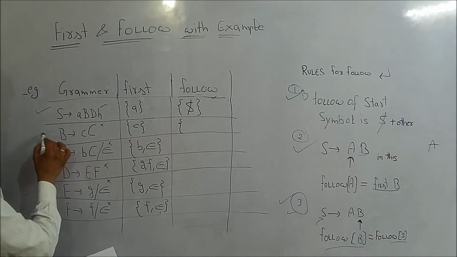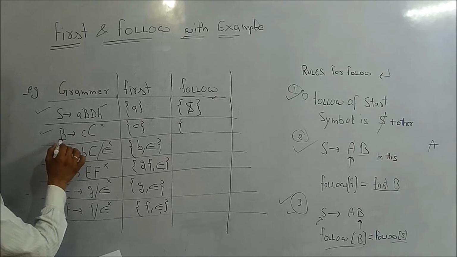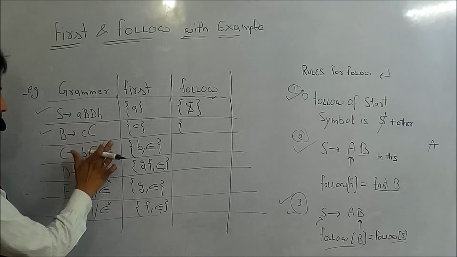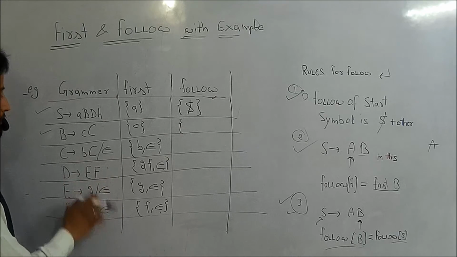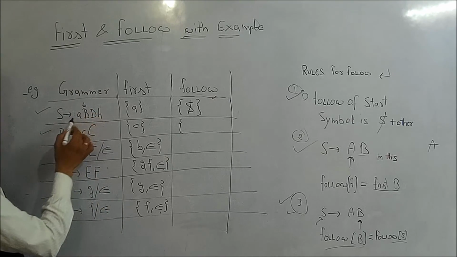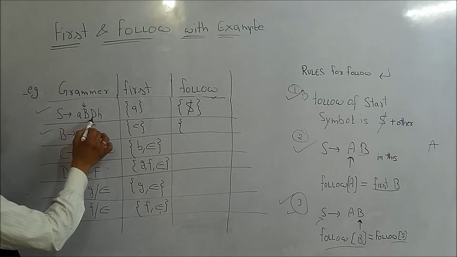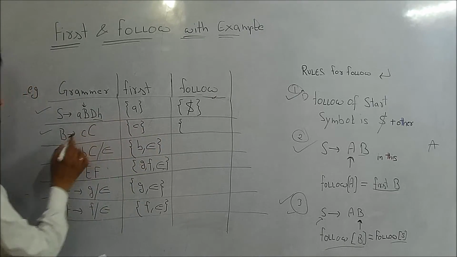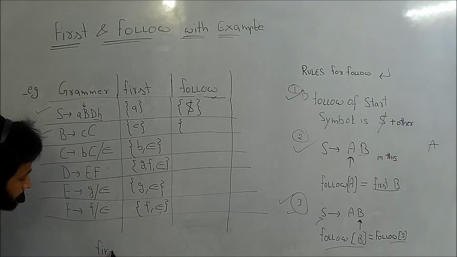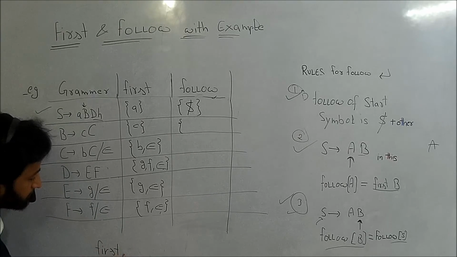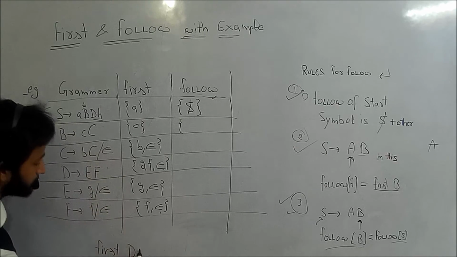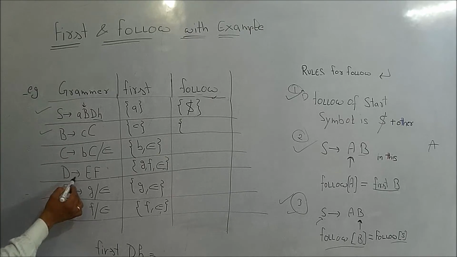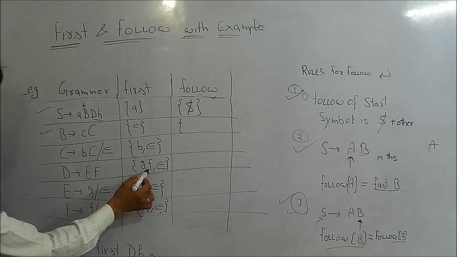Okay. For second, I will check for B. So I will now find the occurrence of B in the right hand side of the productions. When I start with the first production, I find that the occurrence of B is here. So follow of B will be the first of D and H. The first of D and small h will be the first of D. The first of D is G, F, epsilon naught.